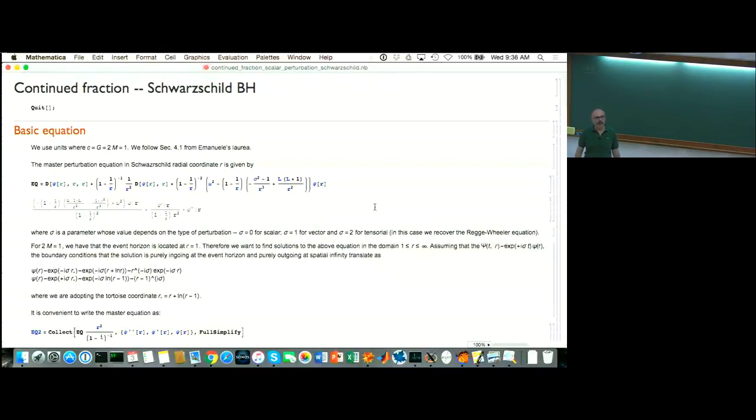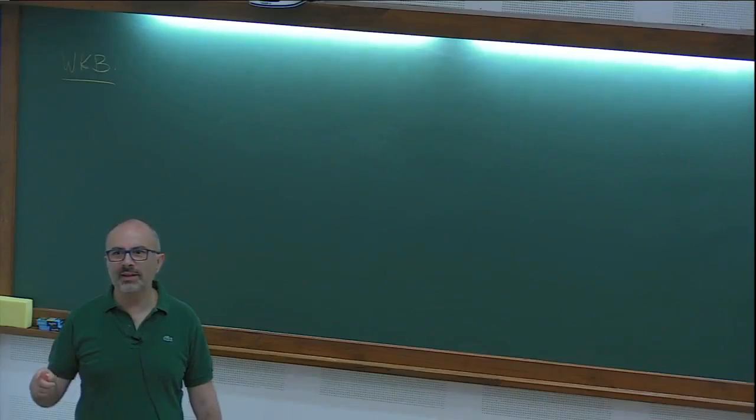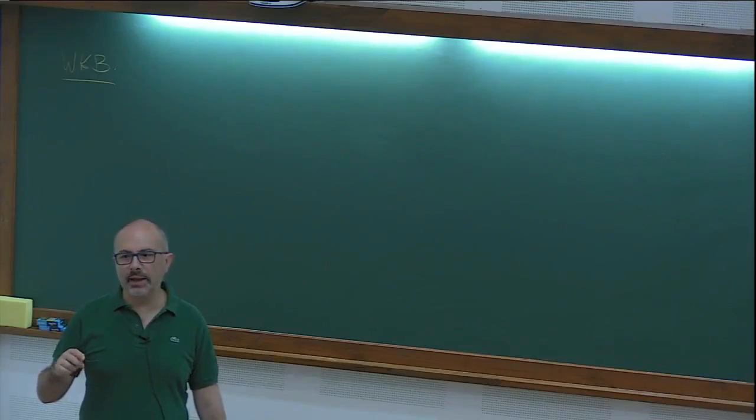So if you remember yesterday in the afternoon, we worked out one way of computing the quasi-normal modes, which is based on this continued fraction approach, where you look for a series solution of the master equation, and then you look for a certain relation that has to be satisfied by the coefficients of the three-term recurrence relation satisfied by the a_n, the coefficients of the series expansion.